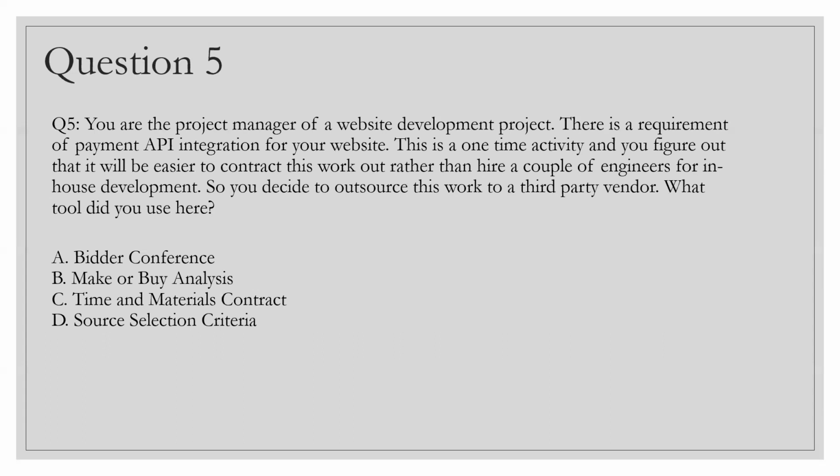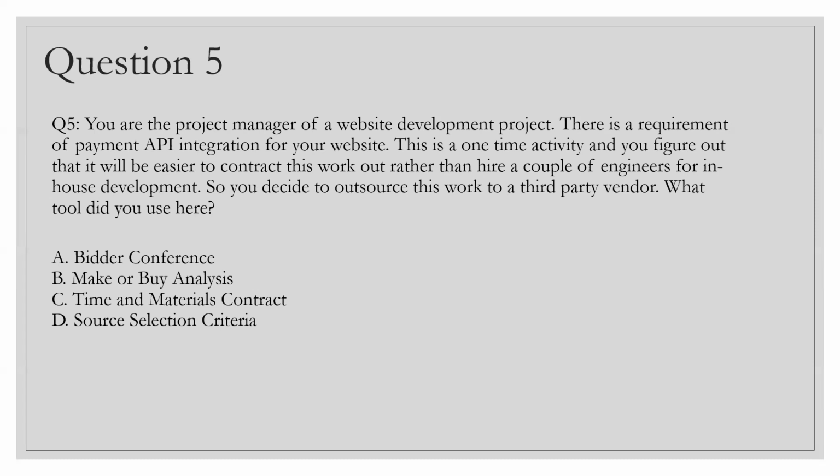The final question is question 5. You are the project manager of a website development project. There is a requirement of payment API integration for your website. This is a one-time activity, and you figure out that it will be easier to contract this work out rather than hire a couple of engineers for in-house development. So you decide to outsource this work to a third-party vendor.